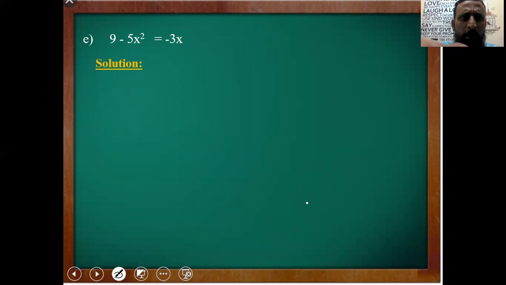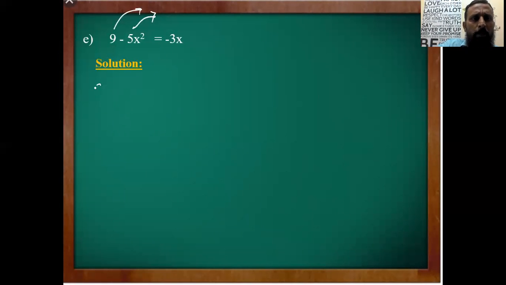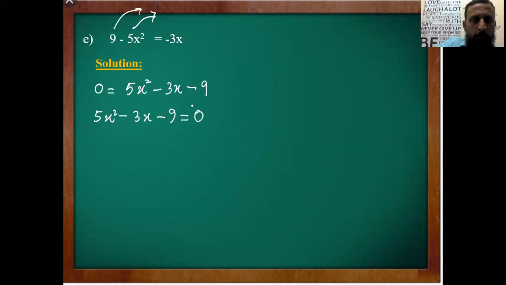What am I doing? I'm moving these numbers to this side. So my 0 equals 5x squared minus 3x minus 9, or I can write it as 5x squared minus 3x minus 9 equals 0.